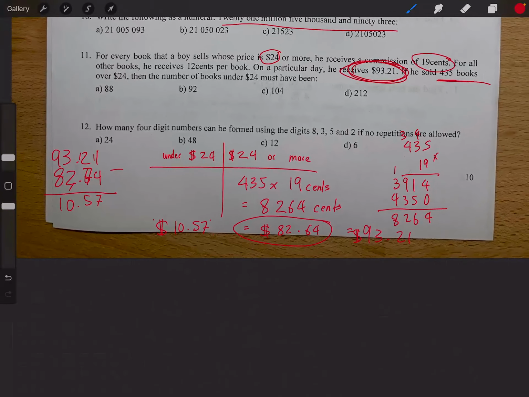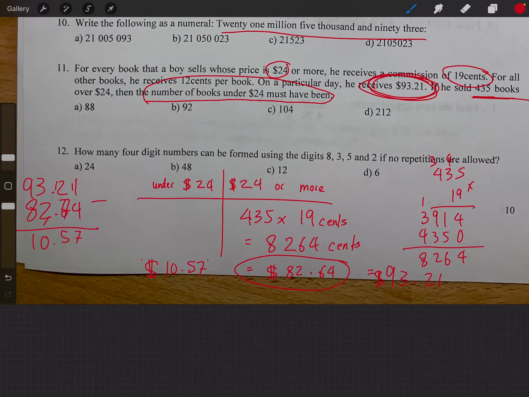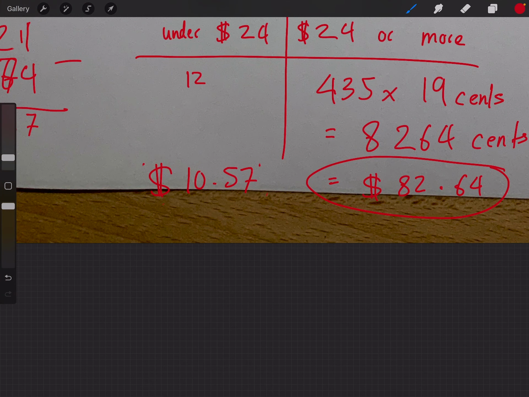Now the question says, what's the number of books under $24 he sold? For any books he sells for under $24, he gets 12 cents each.